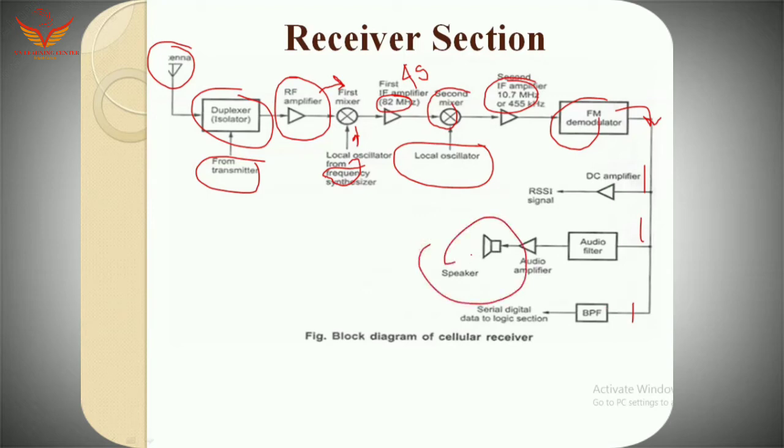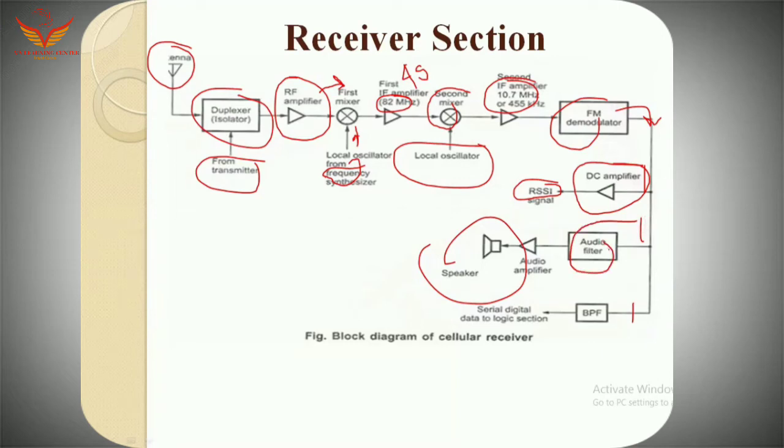The demodulator output is also applied to a DC amplifier, which produces a DC voltage indicating the strength of the receiving signal. This indicator is called the RSSI, the receiving signal strength indicator. The next output is given to the audio filter.